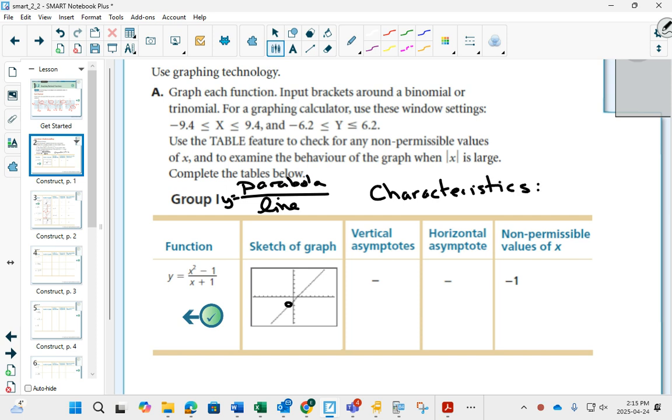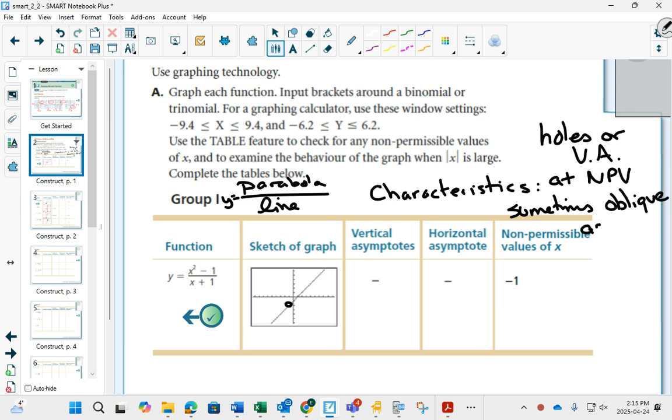Some characteristics that we've noticed: we either have holes or vertical asymptotes at the non-permissible values. And sometimes, and this is how you spell oblique, those diagonal asymptotes, we sometimes have oblique asymptotes.